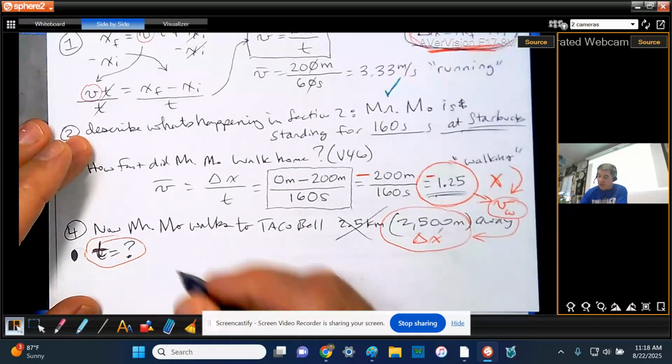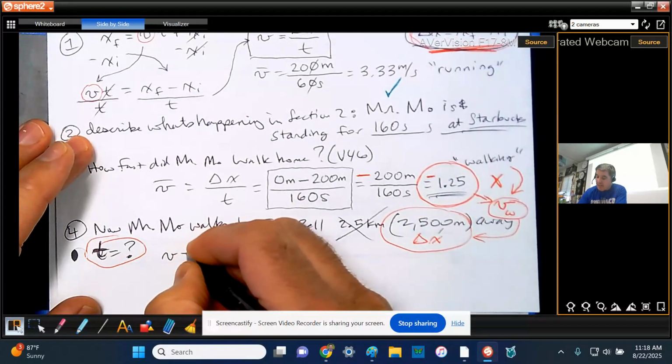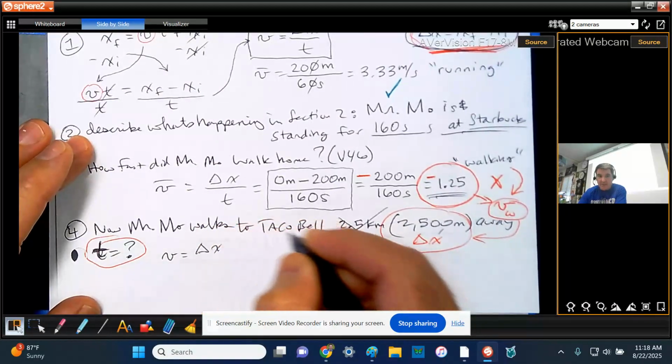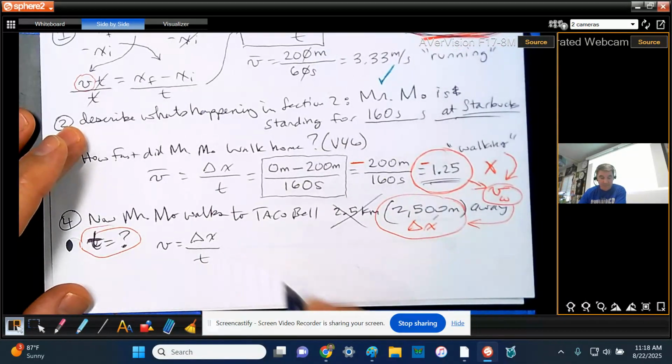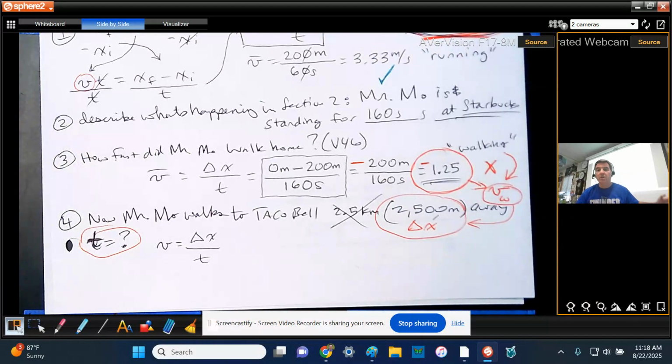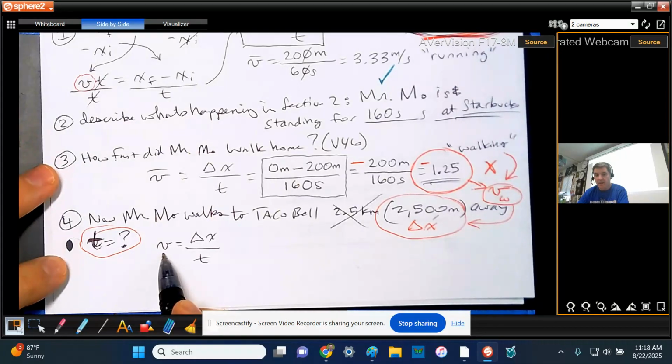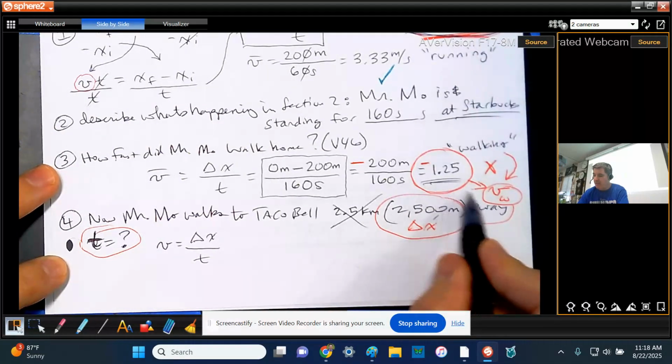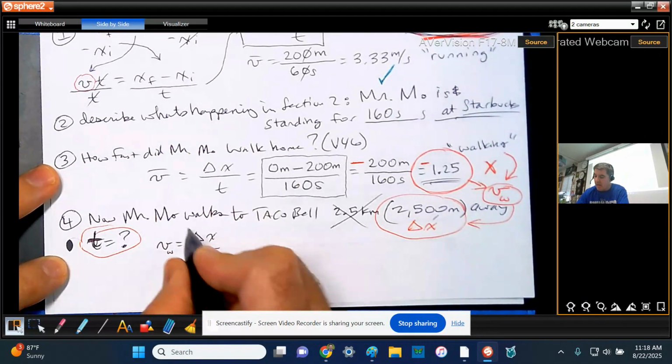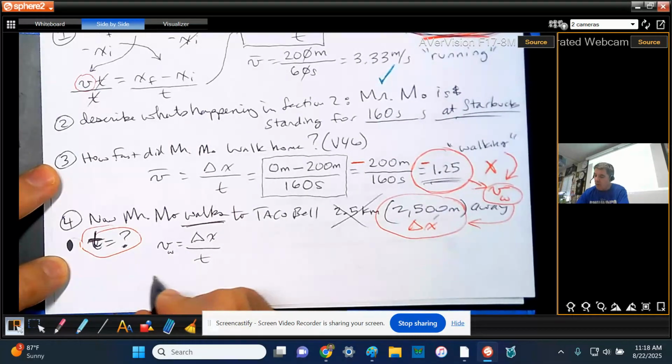So this is what we do. I'm going to show you two ways. We write it like this: V equals delta X over T. And I can just substitute and solve. Literally, if you're somebody that's not confident with your math, just find the equation and then substitute and solve. So my velocity, I know that. My velocity is my walking velocity. I'm walking, and so I'm going to put 1.25.